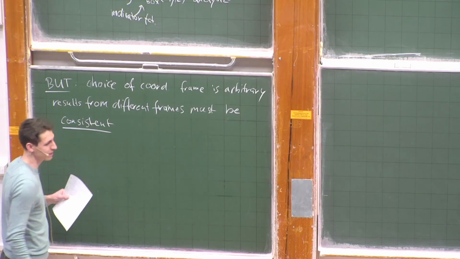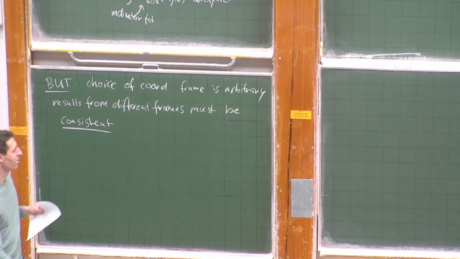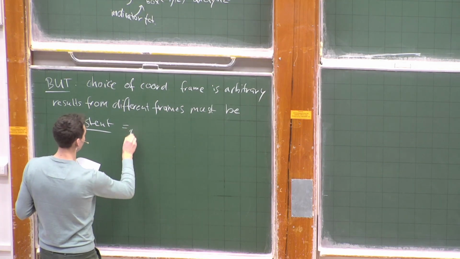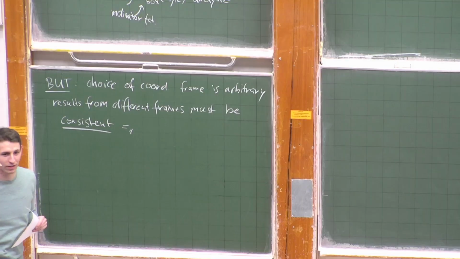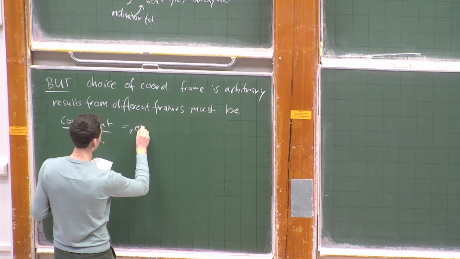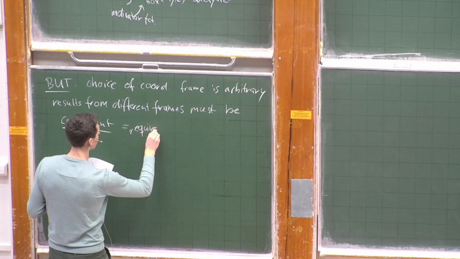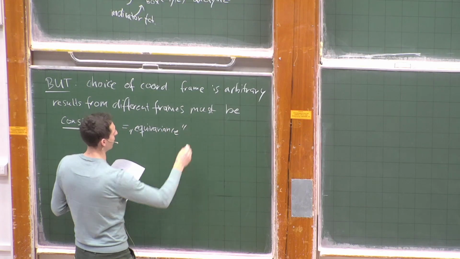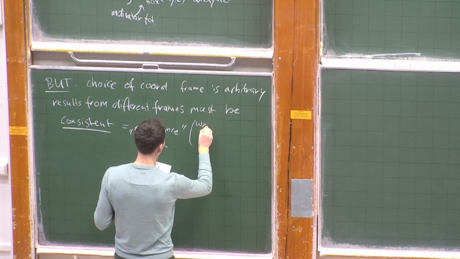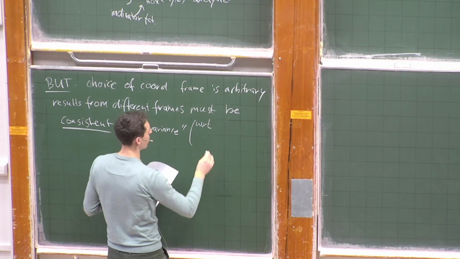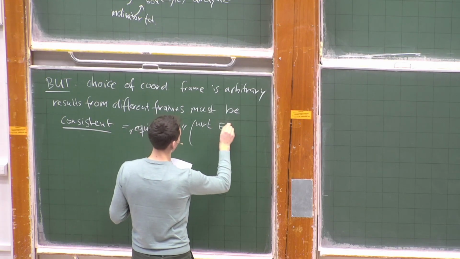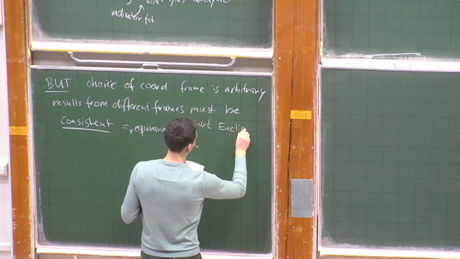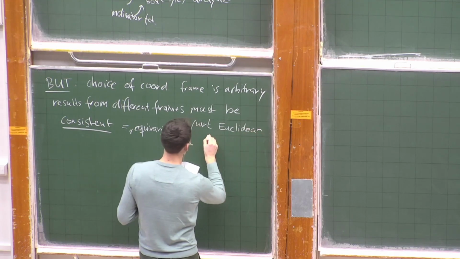And exactly this consistency is, for a very intuitive definition, equivariance, at least with respect to the symmetry group with which you're focusing now, with respect to Euclidean symmetries.